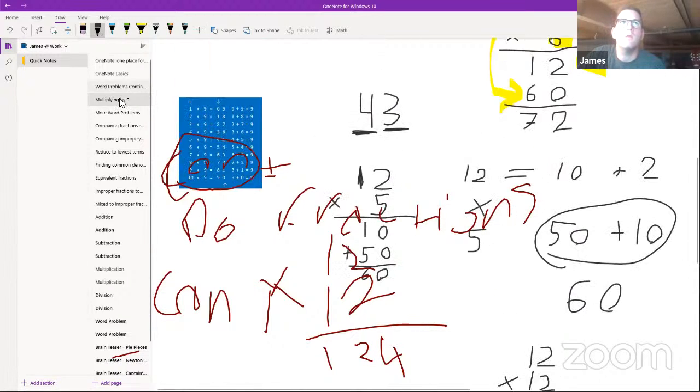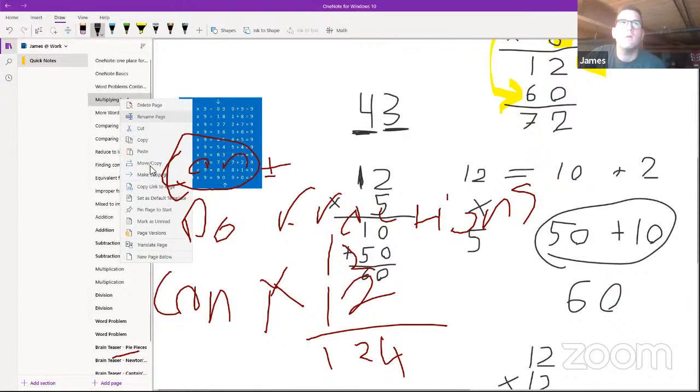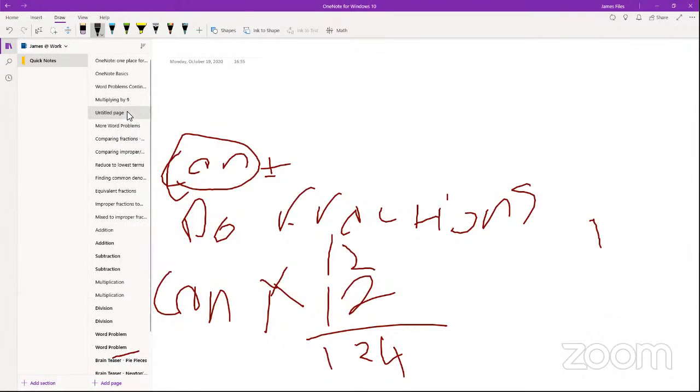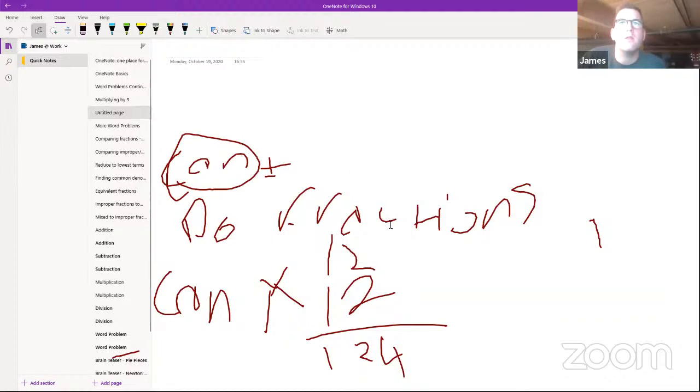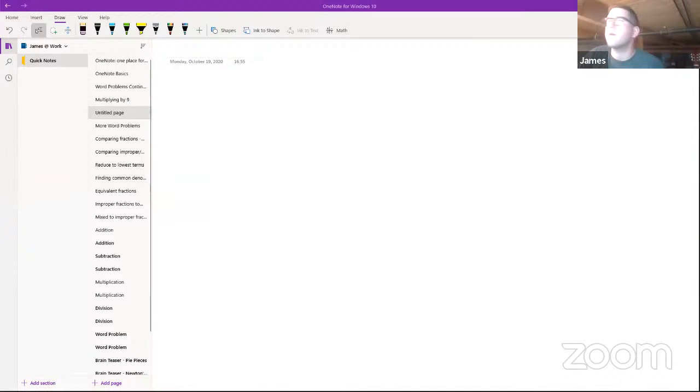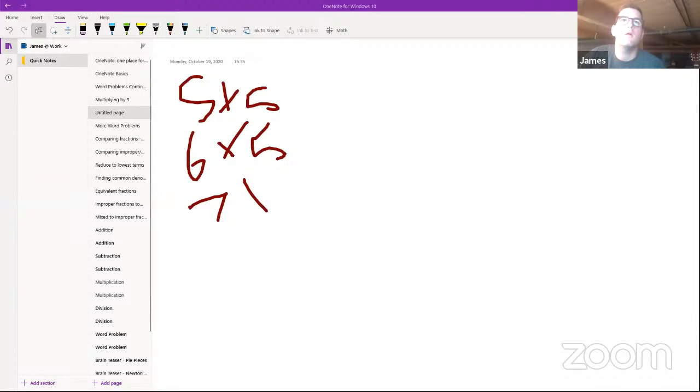James, I think he wants to do fractions. Okay. Can you erase these markings? I'm not sure how to erase it from my end. Oh, I think I see. Okay, got it. All right, I see what you're writing out there.